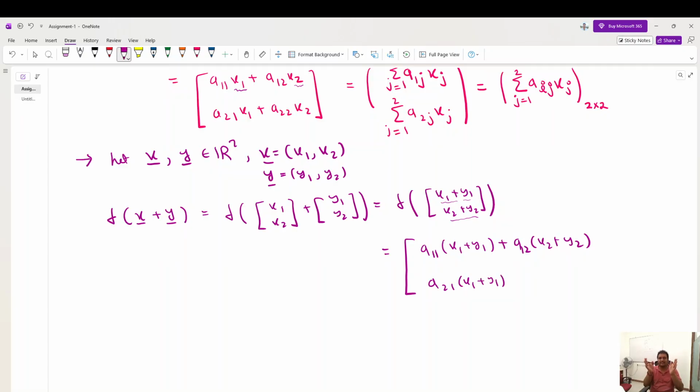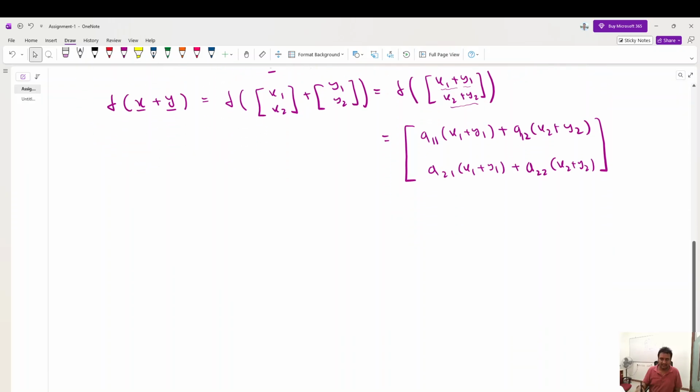I'm just replacing the role of the xi's. We have a new vector of R2 where we have to apply the map. Let us see what this is. Now we want to write it as f of x lower bar plus f of y lower bar. So separate the x things and separate the y things.